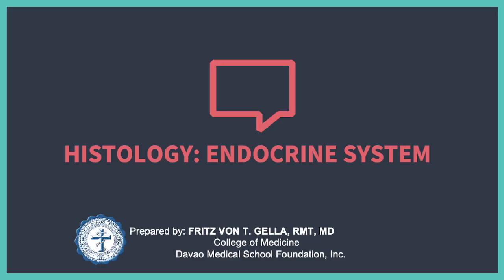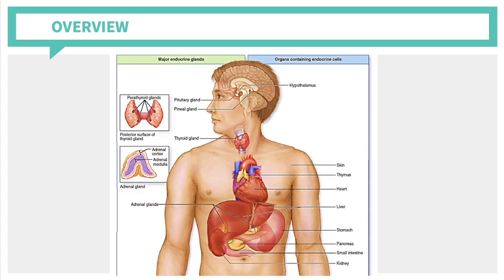Okay, so again, this will be your histology of your endocrine system. Let's take a look at the major endocrine glands that we will be discussing for today. We will be discussing about your pituitary gland, your pineal gland, your thyroid gland, and of course, the gland that is located posteriorly. So this is your thyroid gland.